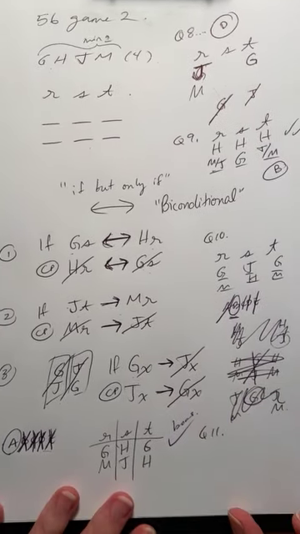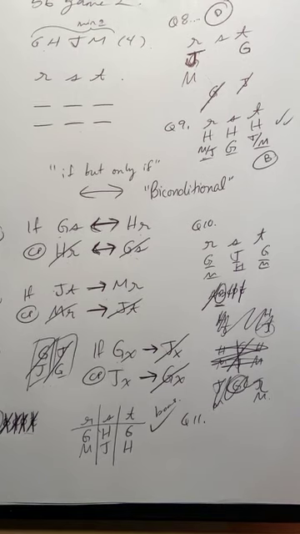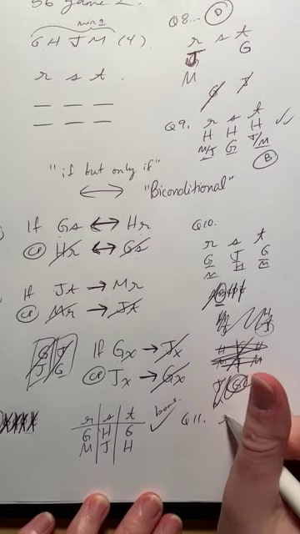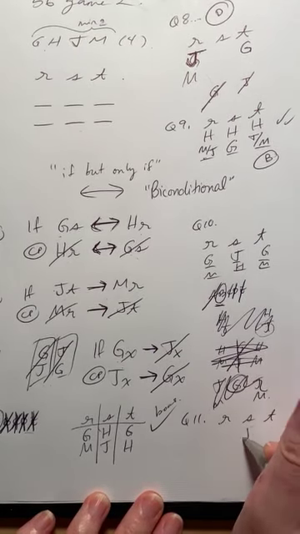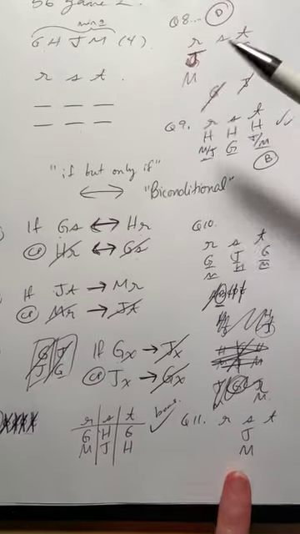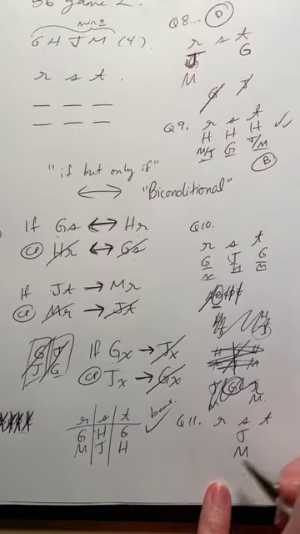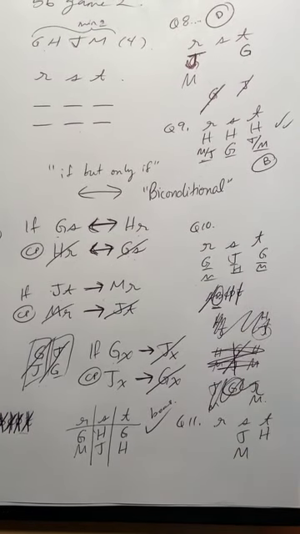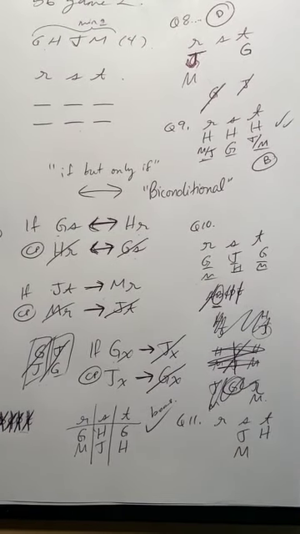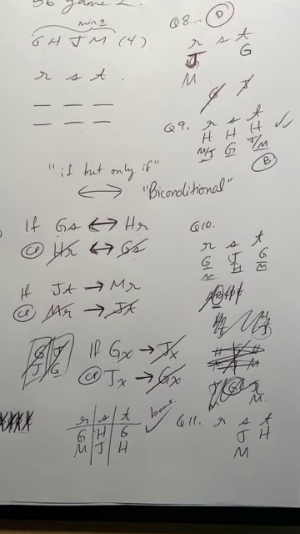Question 11. If Josh and Maria help each other move the sofa, so J and M move the sofa. So G doesn't move the sofa, which means H doesn't move the recliner, which means H helps move the table. Okay, what could be true?